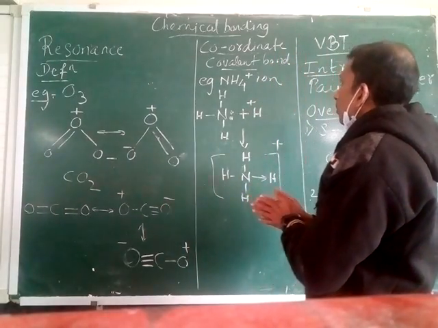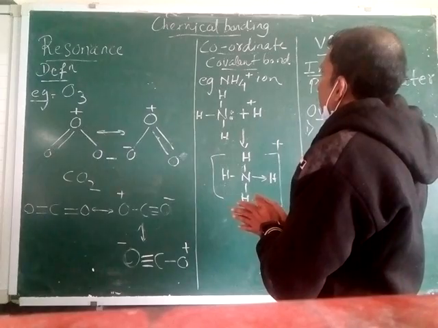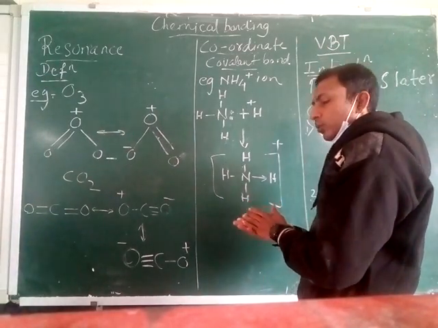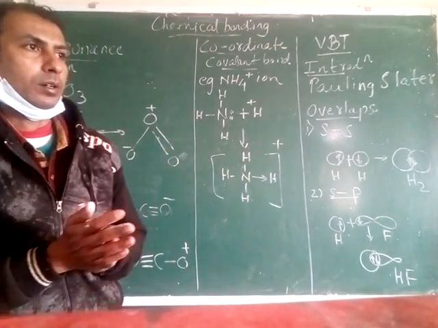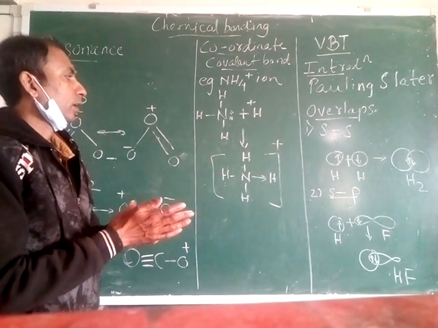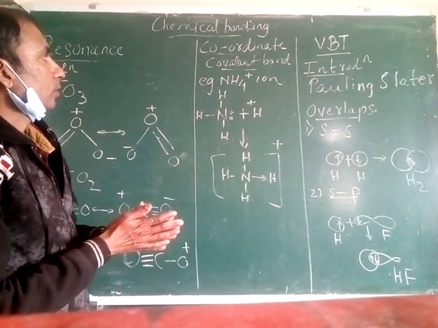Then we have the next type of bond, coordinate covalent bond. That also we have studied in the lower standard, but again we are going to understand this topic with an example.